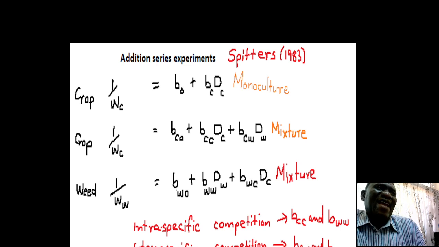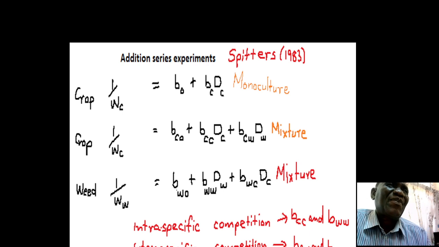Those small letters are giving us the labels for the crop and the labels for the weed. That is the mixture.